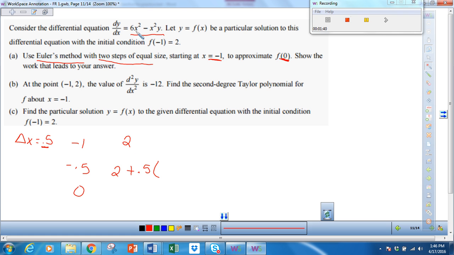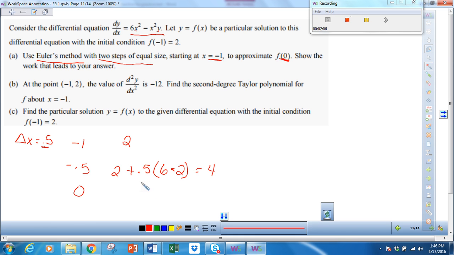So I am putting -1 in for x and 2 in for y to get the derivative. In this case, when I put in -1, I get 6 minus 1 times y, which is 2. So 6 minus 2 is 4. Half of 4 is 2, so this value should be 4.